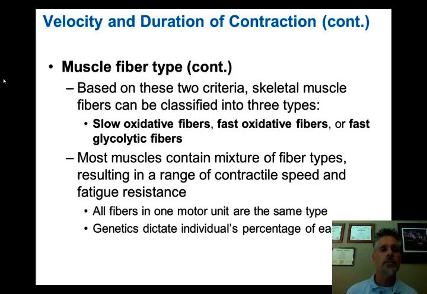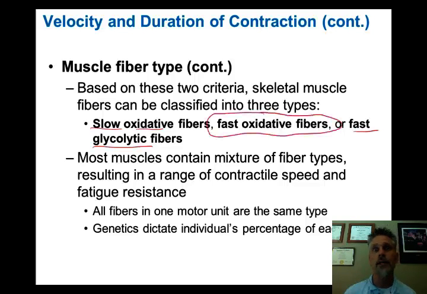As you can see, if we combine those characteristics, we get things like slow oxidative fibers, and we get fast glycolytic fibers, and then you get ones that are in the middle that are called fast oxidative fibers that are kind of like a hybrid. When we look at an individual muscle itself, it's usually made up of a mixture of fibers. It's not all one or the other or a middle one.